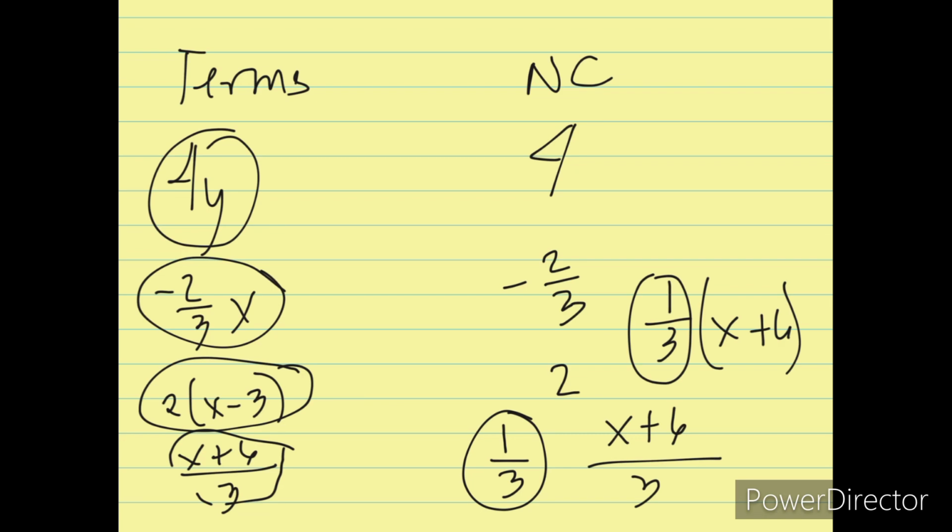If an expression has a term that is a number without a variable, the number is referred to as the constant term. This means that in an expression, if you see a number with no variable or no letter beside it, that is what we call the constant term.